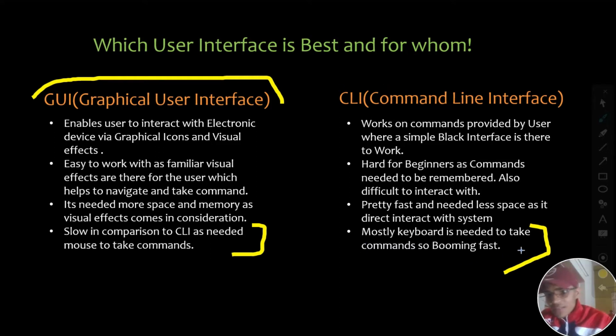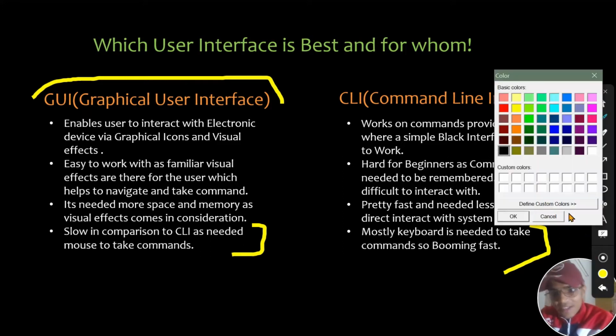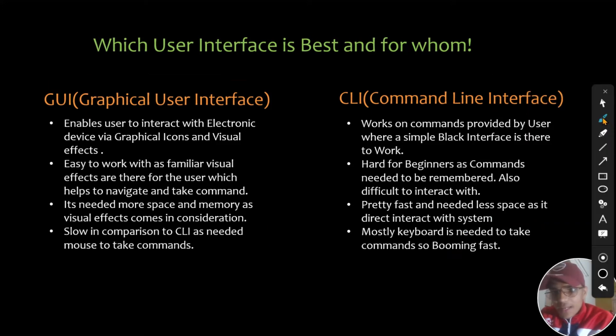The keyboard and mouse are peripheral devices, extra devices which are used to take inputs. So the keyboard we use to give commands, and it's really booming fast. We just give the command, give me coffee, and that's all. So this is the command line interface. Okay, let's move to another slide.